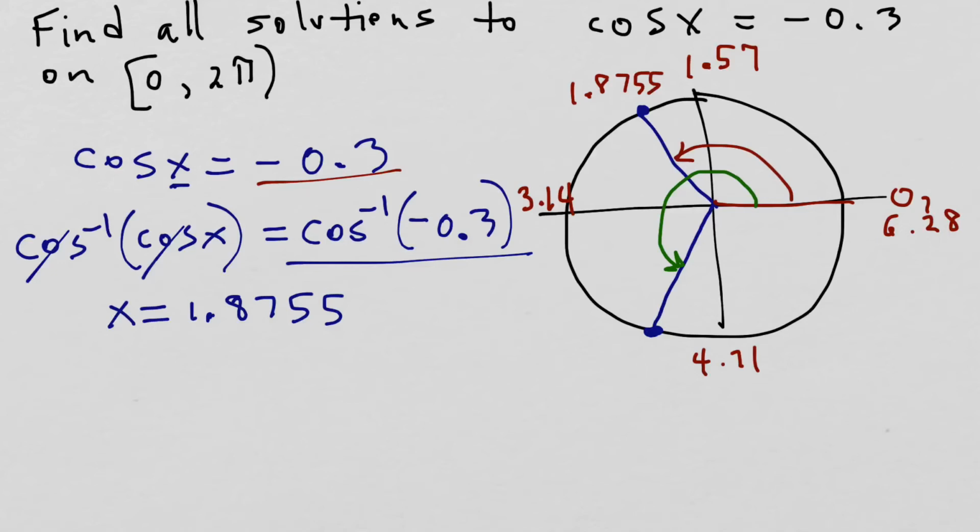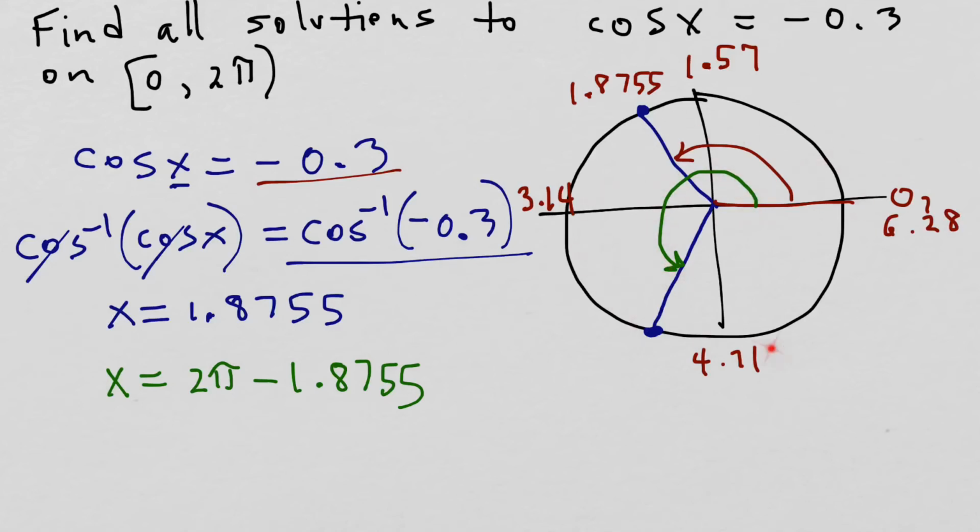So what I can do is I can take my whole circle, which is 2 pi, and I can subtract off this piece here, which I know is the same size as this piece here, which is 1.8755 radians. So my x for this angle here, my angle x here, let's say in green, is 2 pi radians minus that chunk 1.8755, and that'll leave me with this piece here.